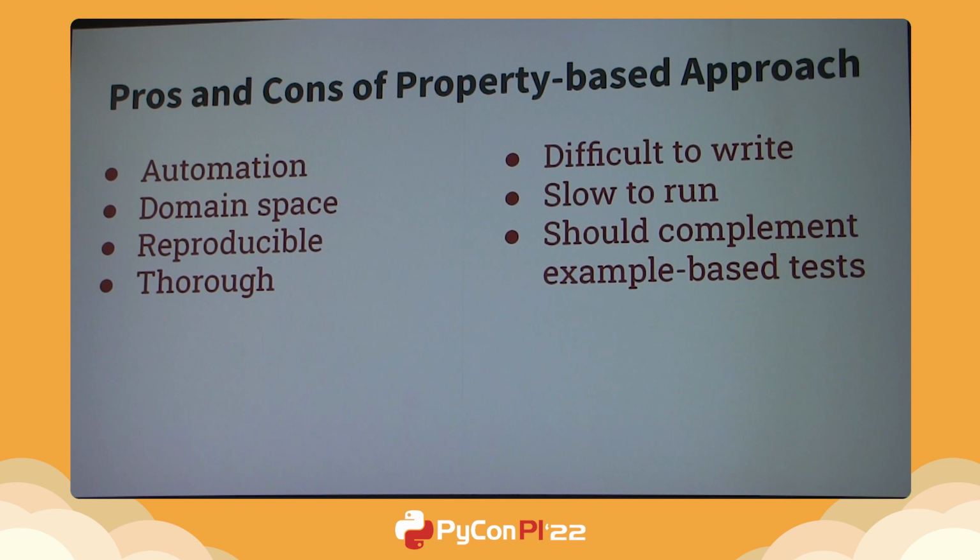The disadvantages are that, first of all, it's difficult to write. It's easier to come up with examples. It's more difficult to actually come up with properties. Hypothesis is pretty fast, actually, but if you have complicated code in production, it can be very slow to run.